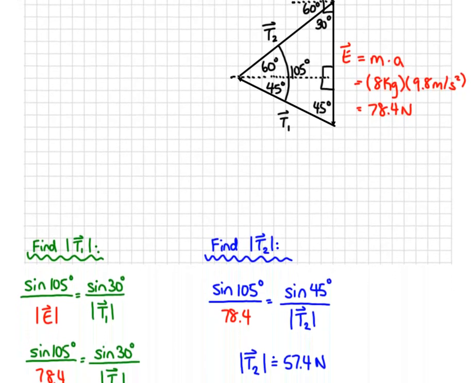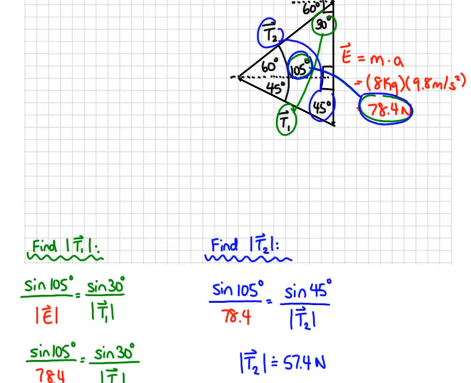Okay, so let's take a look at tension 1. Tension 1 would be calculated with sine and the opposite side. I have this angle and tension 1. I can find tension 2 because I have the same set of partners over here that I can set up in a sine law, with tension 2 and its opposite angle.